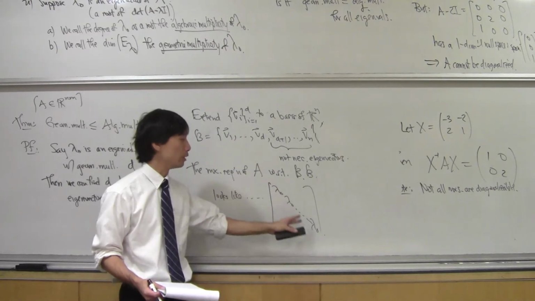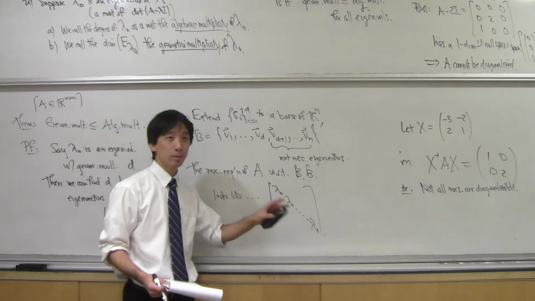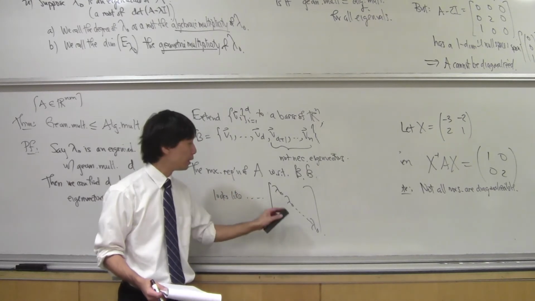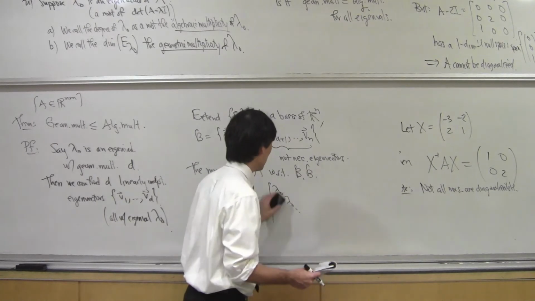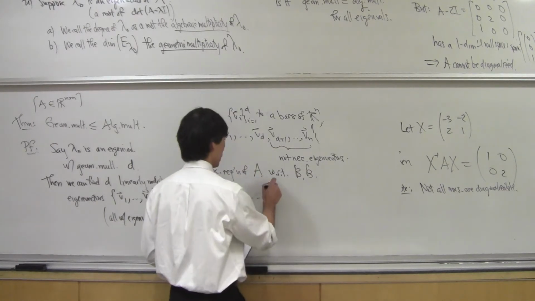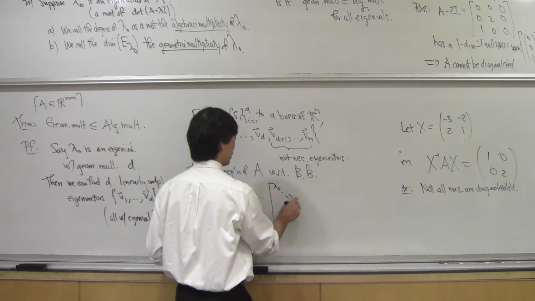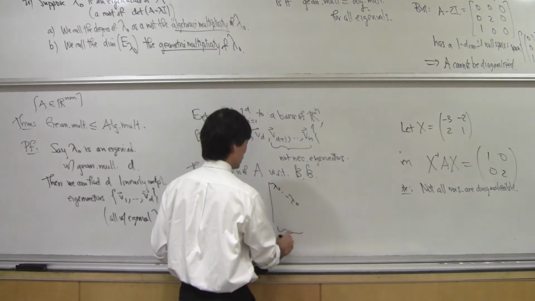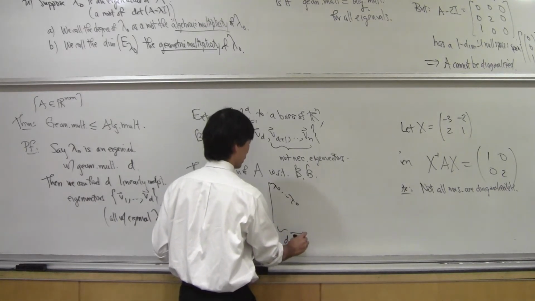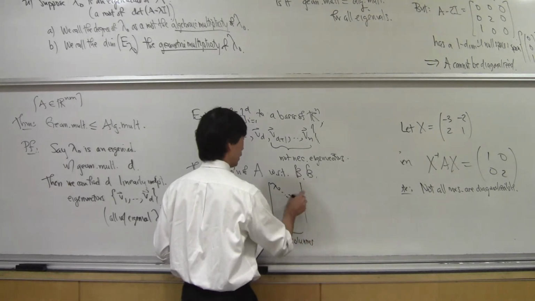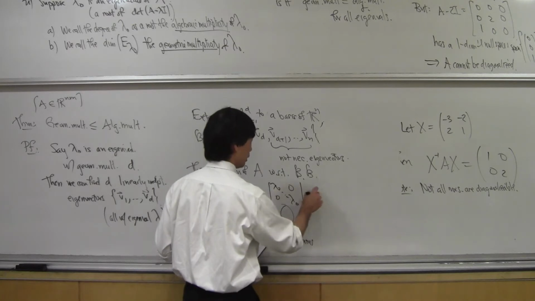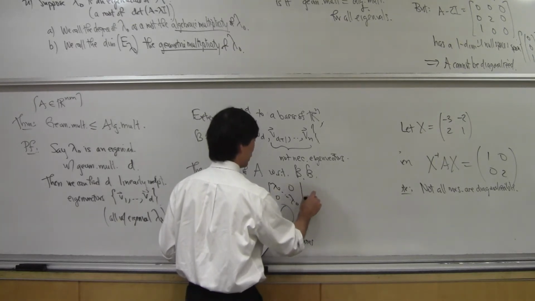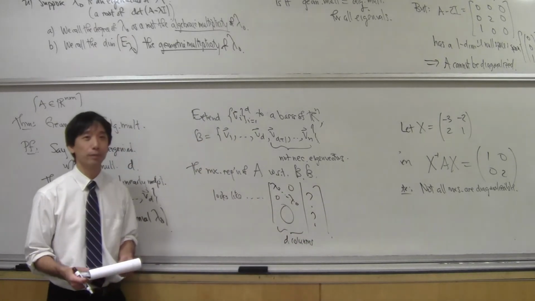So this doesn't go all the way down. It stops after d columns. You have lambda naught down to here, so the first d columns look like this, with 0 above and 0 below. But after that, you don't know. There's some other stuff.